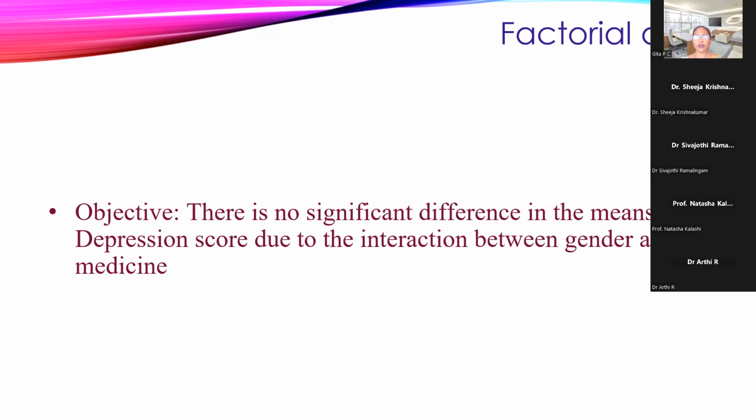Now, along with the medicine variable, we are going to use a gender variable also. So we are going to use two independent variables and one dependent variable, making it a two-way ANOVA.